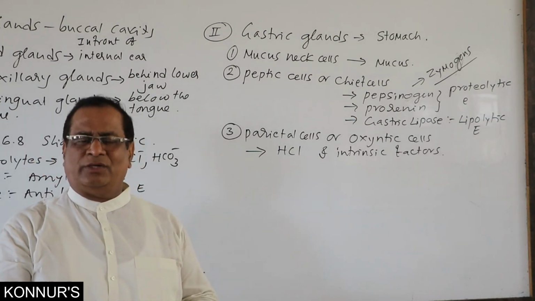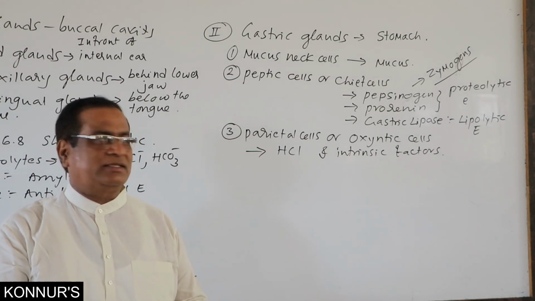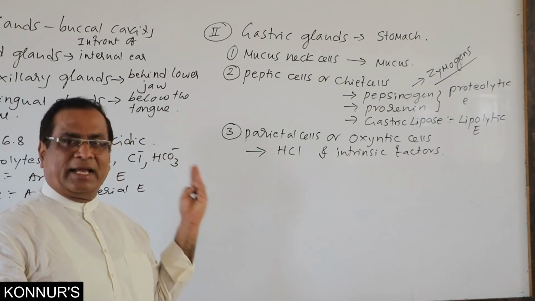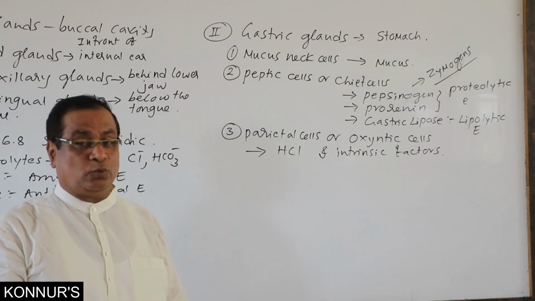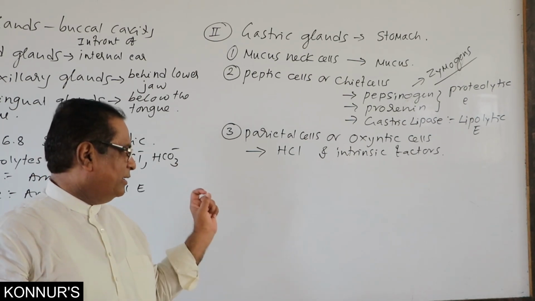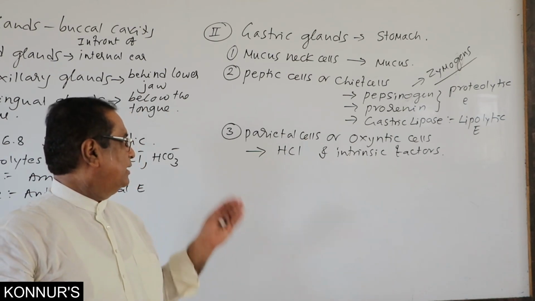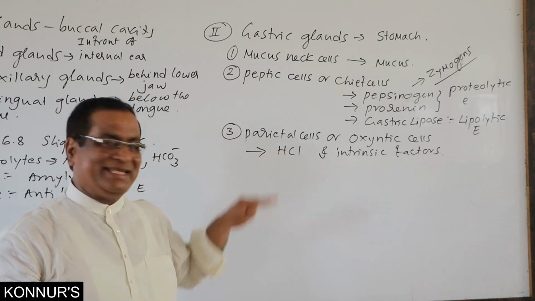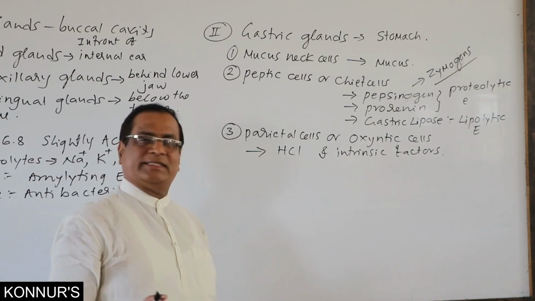Once in NEET, the question was asked, HCl is produced by which of the following cells? Mucous neck cells, peptic cells, parietal cells. The answer is parietal cells. That you should remember. Parietal cells and another terminology, oxyntic cells. Instead of giving parietal cells, they may give oxyntic cells. They produce HCl.